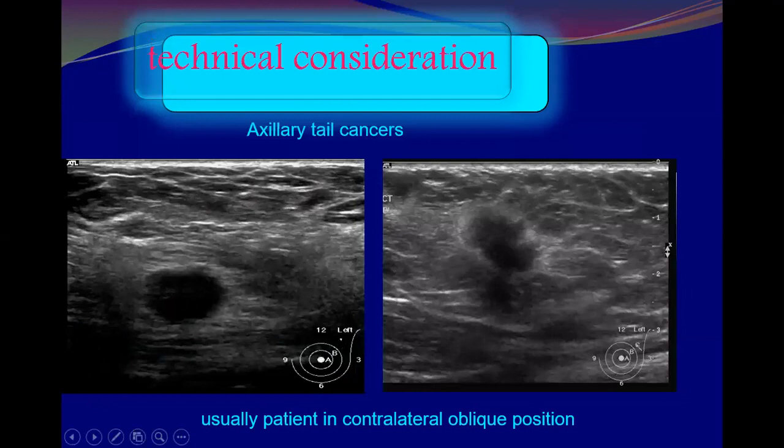You see here toward the axilla. How can you differentiate between lesions in the axilla arising in an ectopic breast and a lesion in the tail of Spence, the axillary tail? How could you differentiate that? We mentioned that before.